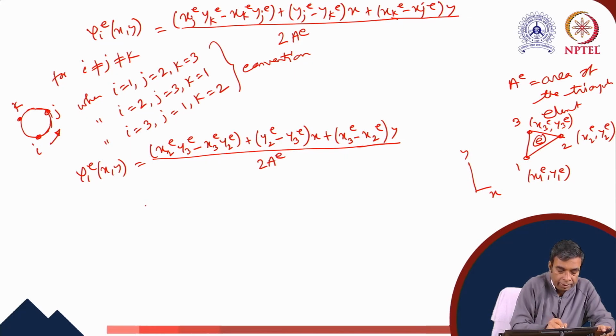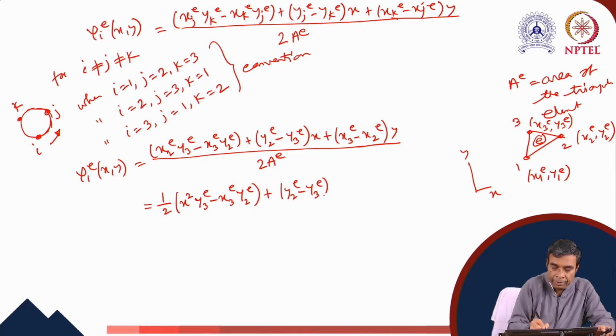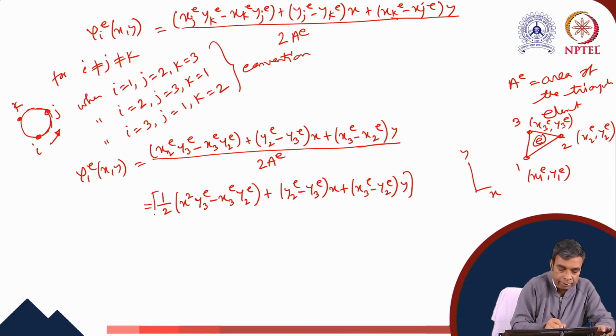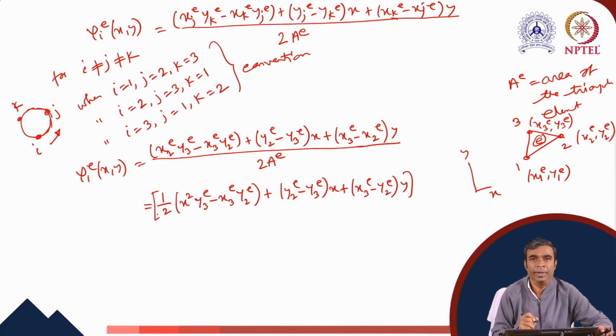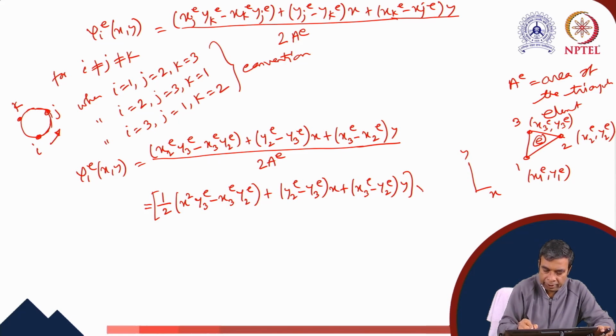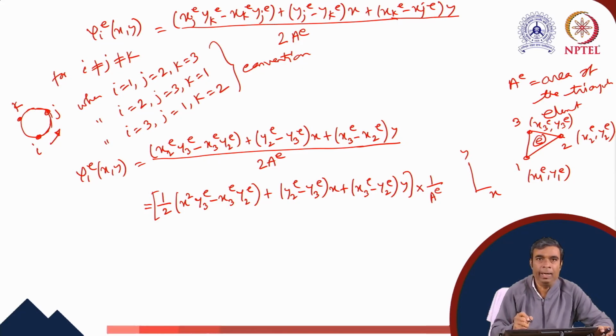So this psi 1e can be written as half of (x2e y3e minus x3e y2e plus (y2e minus y3e) into x plus (x3e minus x2e) into y). This represents the area of a sub-triangle within the original element. So this is divided by the area of the element.